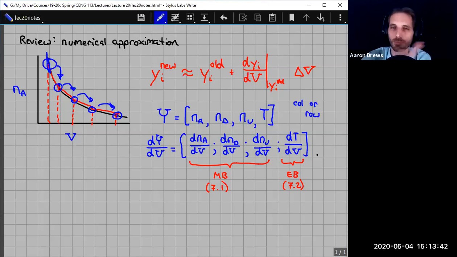Usually I go with all material balances followed by the energy balance just because it's easier to keep track of them. One day we will have a pressure term, and so we will additionally have a pressure drop with respect to volume, and we'll have a special equation for this one. It's not an energy balance, it's not a material balance, it's actually what we call a momentum balance. But we're going to get to that later.